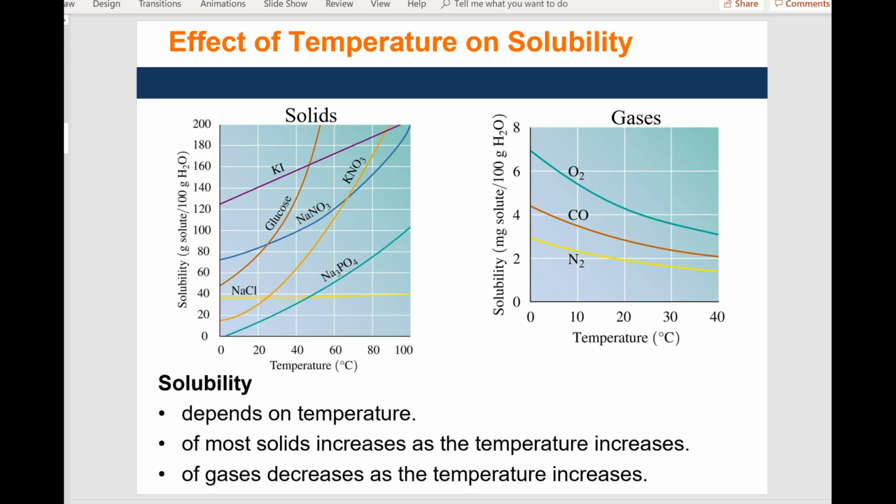So this is why your soda at room temperature will go flatter faster than your cold soda. Because when you increase the temperature of a solution that has a gas in it, the solubility of that gas goes down. This leads to some really interesting questions.